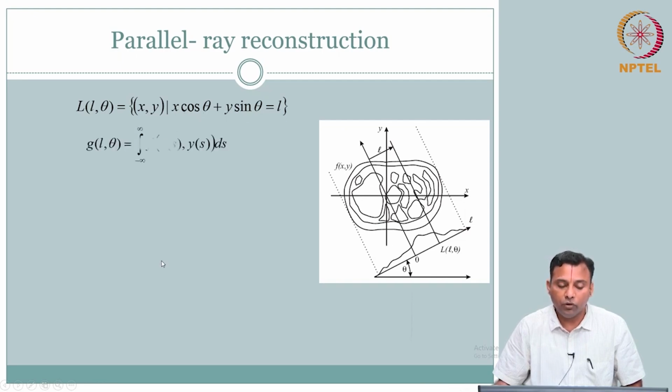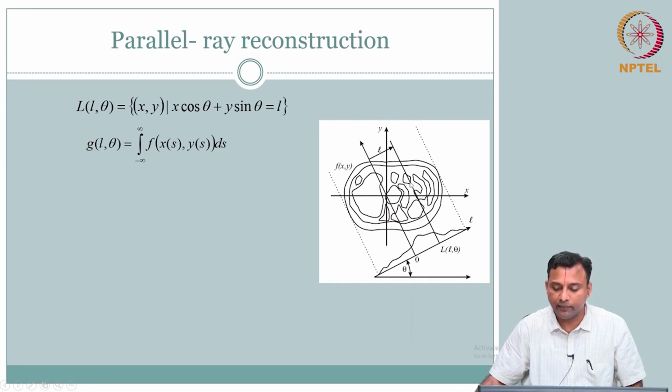So now what do we want to do? We want to go back to our projection. So g of l comma theta is nothing but the integral of f of x of s comma y of s ds. So your projection is nothing but the summation of f of x comma y, the object, along this line, x of s, y of s.